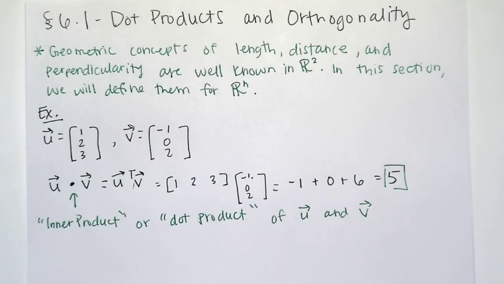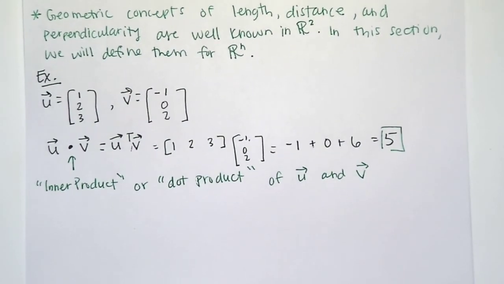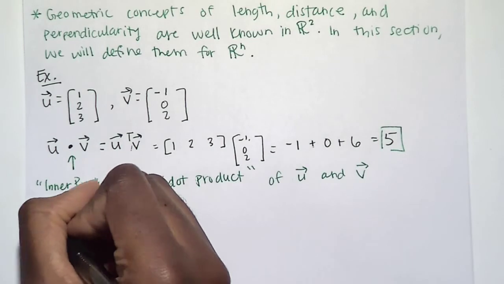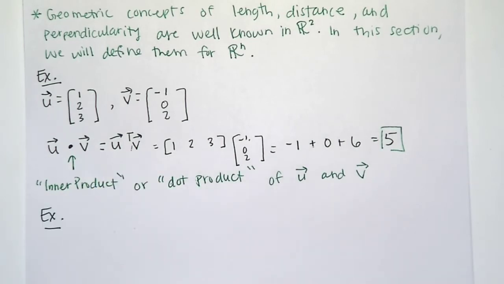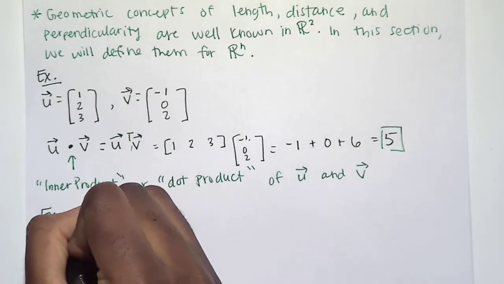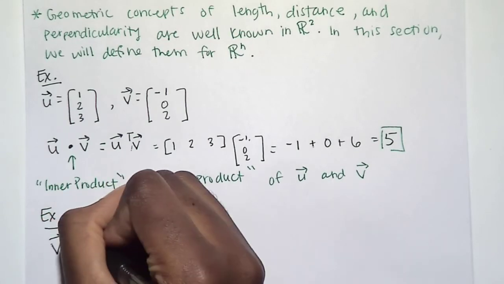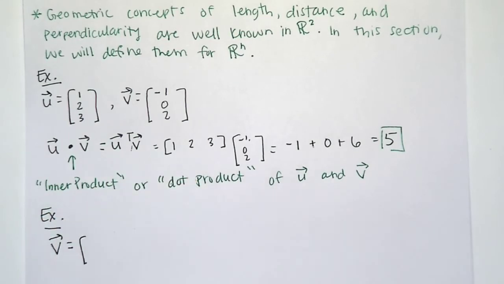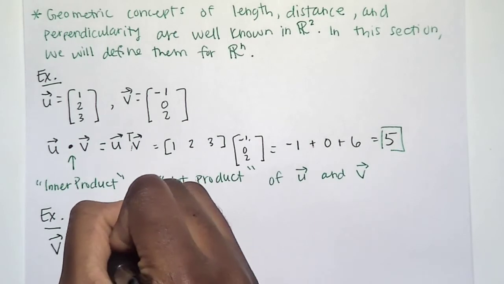All right, let's look at another example. Let's say we have the vector V, and it's in R2, -1, 2.